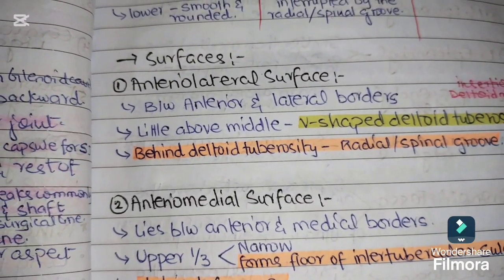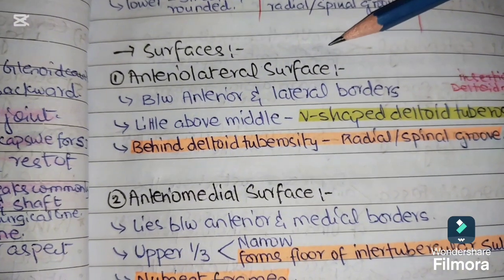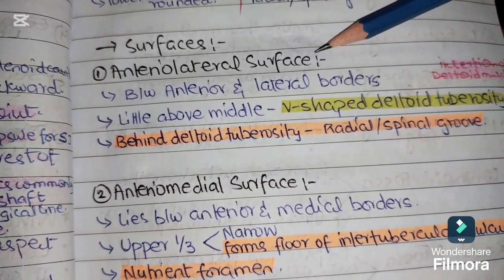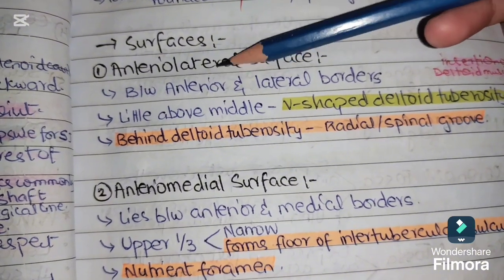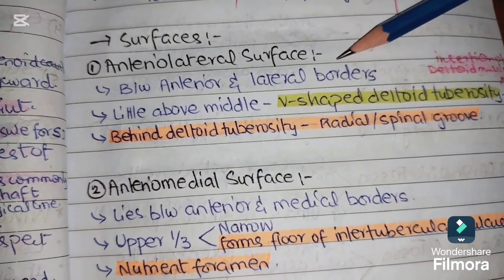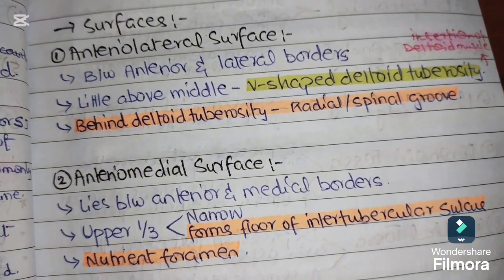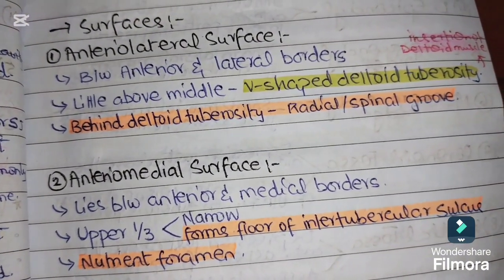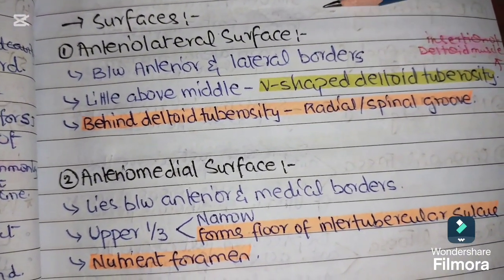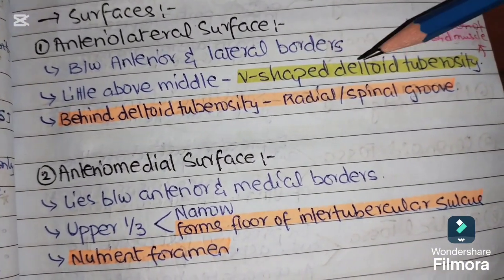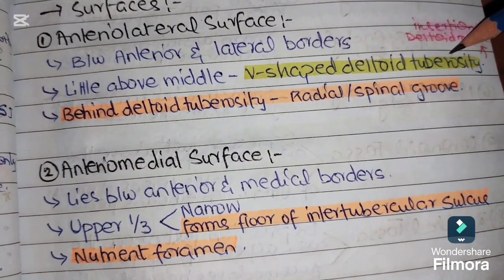Moving on to the surfaces of the shaft of humerus, there is the anterolateral surface, which is present between the anterior and the lateral border. And now, these points are very, very important to be noted. On the anterolateral surface, there is the presence of a V-shaped deltoid tuberosity.